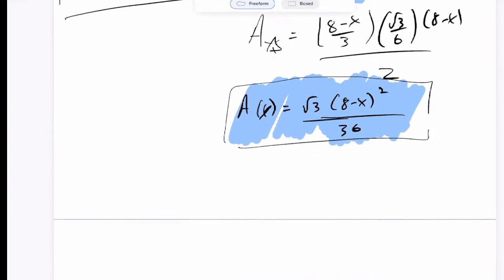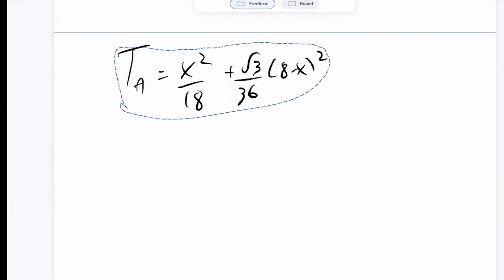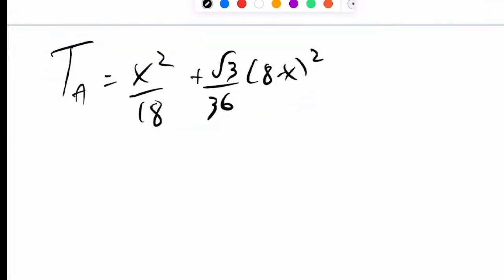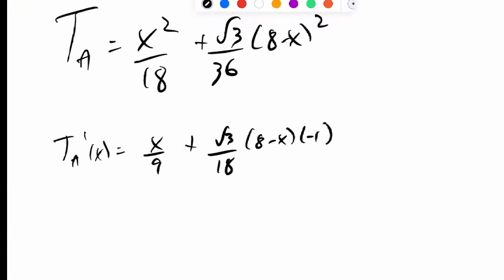So once you have that, then you take your derivative of this thing. So this will be A prime of x is what, x over 9 plus root 3 over 18 times (8 minus x) to the negative 1. If you go ahead and take your derivative, I'm going to drop down the 2 and subtract 1, drop down the 2, reduce, and then derive the inside.